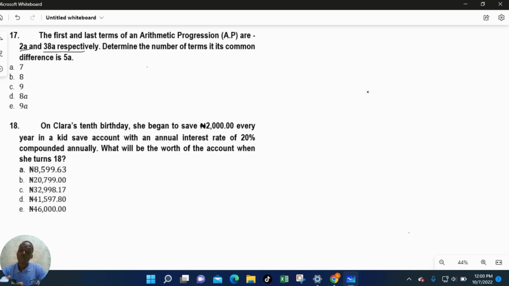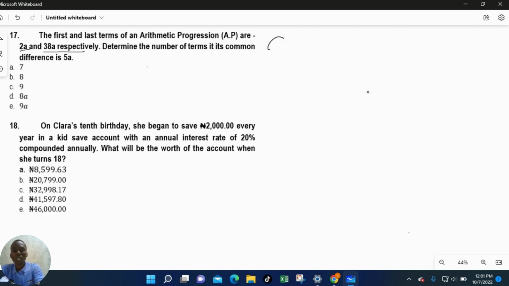You're asked to look for the number of terms, right? Good. The next question that should come into your mind is, what is the formula for finding the number of terms of an arithmetic progression? That will take you to the nth term of an arithmetic progression, which is the formula for solving questions on arithmetic progression. Now we're going to look at these three steps gradually and see how we can apply them to find the solution to this question.